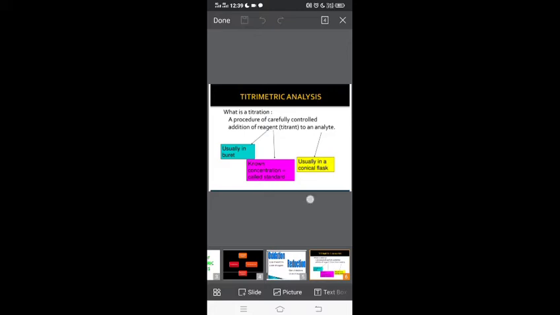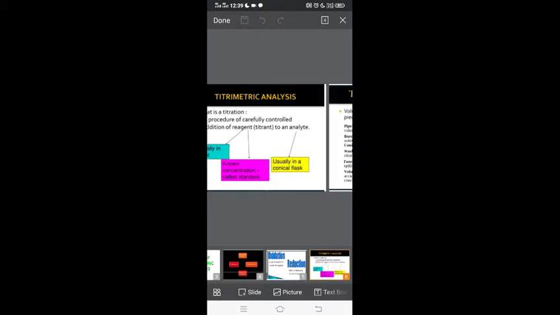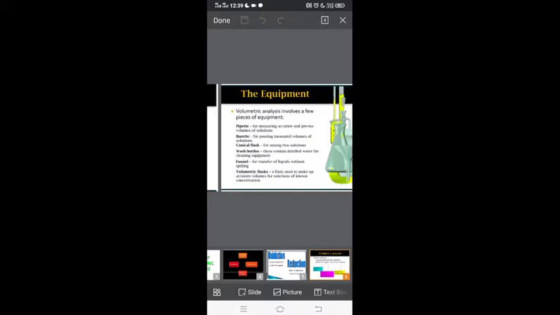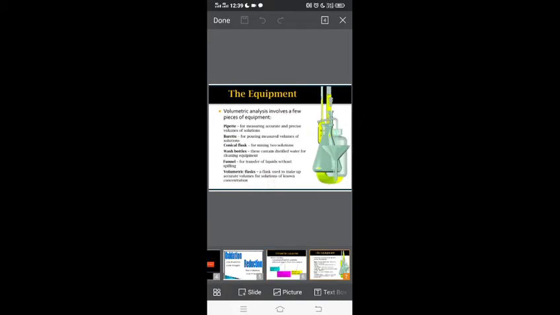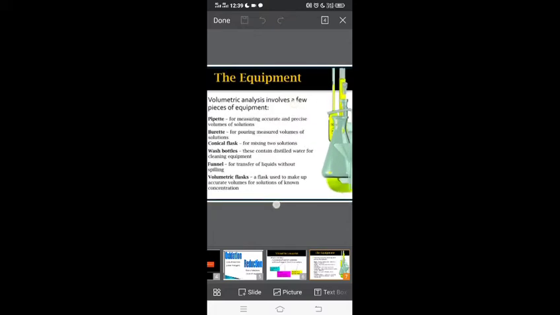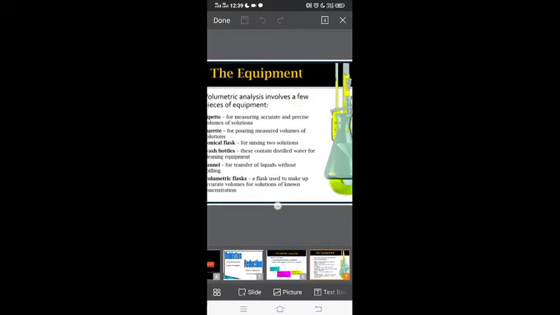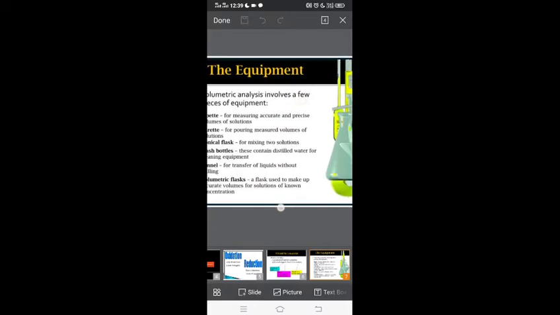Okay children, now you can see the equipment. In volumetric analysis, what type of equipment are we using? The first equipment we are using here is the pipette. Now what is a pipette? A pipette is a long tube used for measuring an accurate and precise volume of the solution.